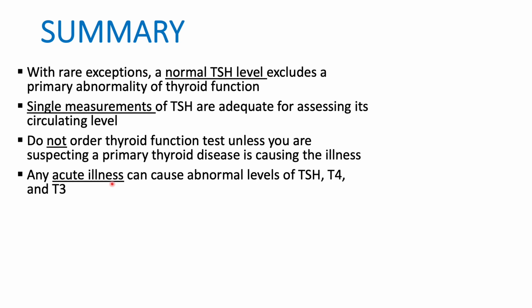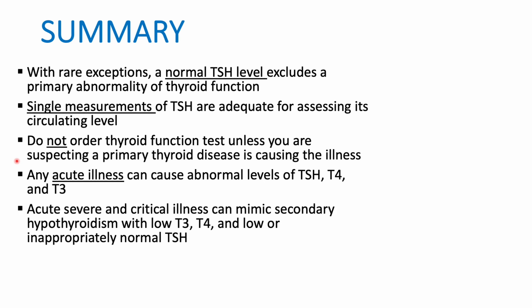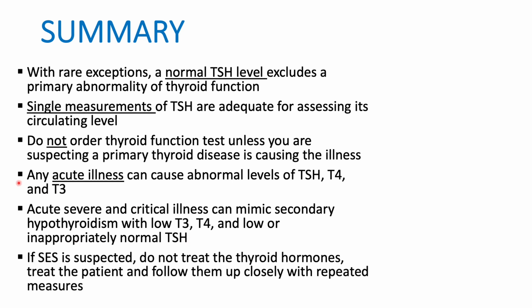Acute illness can be associated with abnormal levels of TSH, T3, and T4. And any severe or critical illness can actually mimic secondary hypothyroidism with low T3, low T4, and low or inappropriately normal TSH. So be careful in interpreting the thyroid function in these situations.